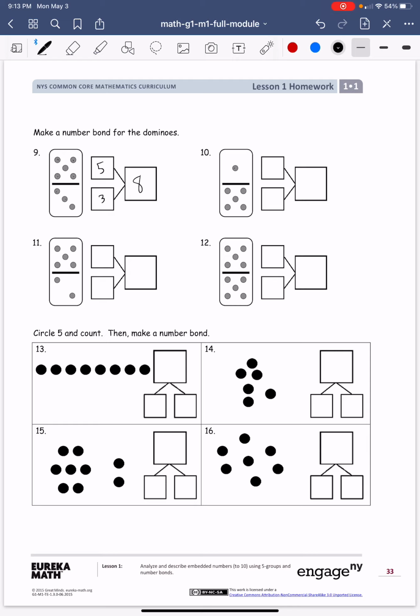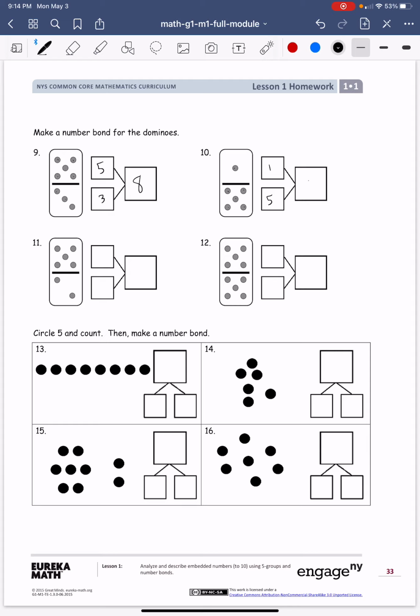Let's count. 1, 2, 3, 4, 5. And then what is 5 plus 1? I could figure that out very fast. It's 6. Because if you count on your fingers, all you have to do is 6. Wow.